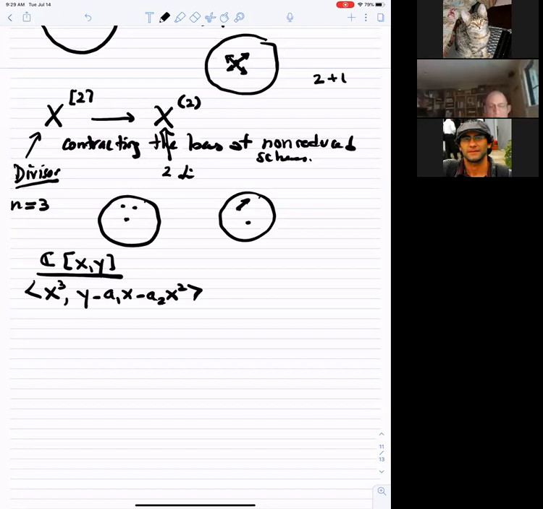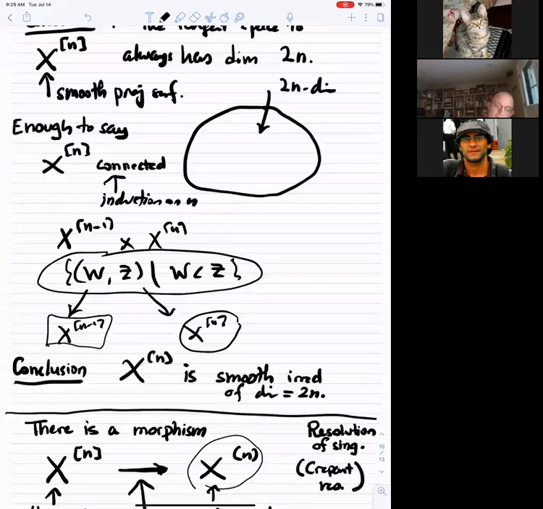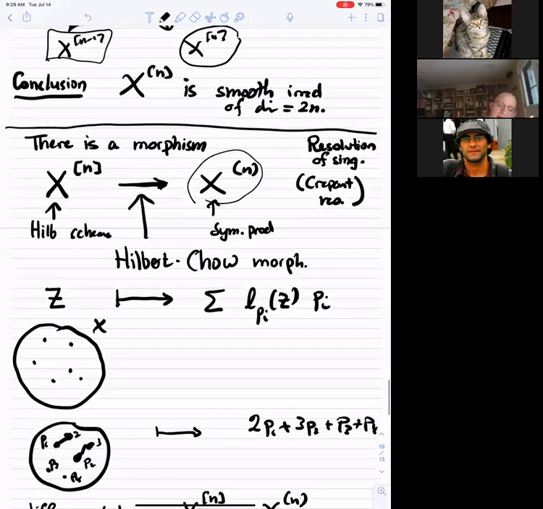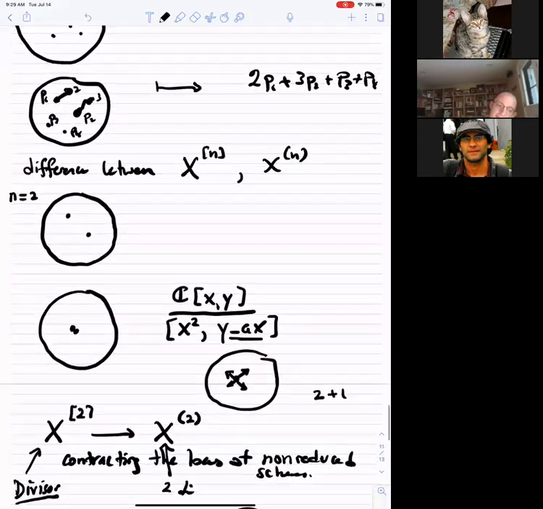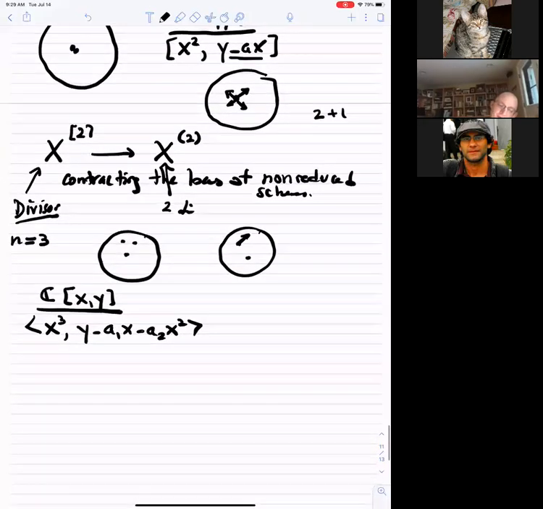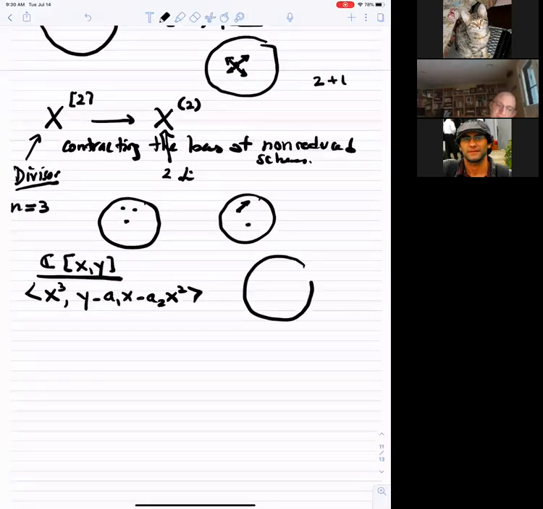But this is the local picture. You can write this on any surface. And the way you should picture this is that you have something of length 3 here. You have a little smooth curve, and you have a length 3 scheme supported on that curve.